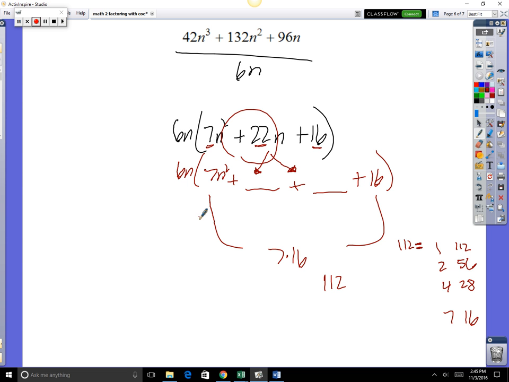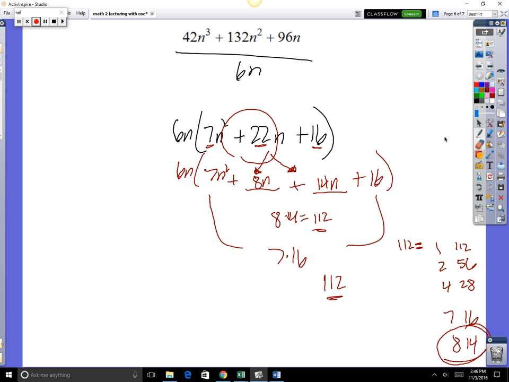All right, let's keep going. 112 divided by 8. 8 and 14, and that's it. 8 and 14, you can make it 22. So if I put 8 in there and 14 in there, 8 times 14 also gives you 112. That's the magic number, and they add and give you 22.